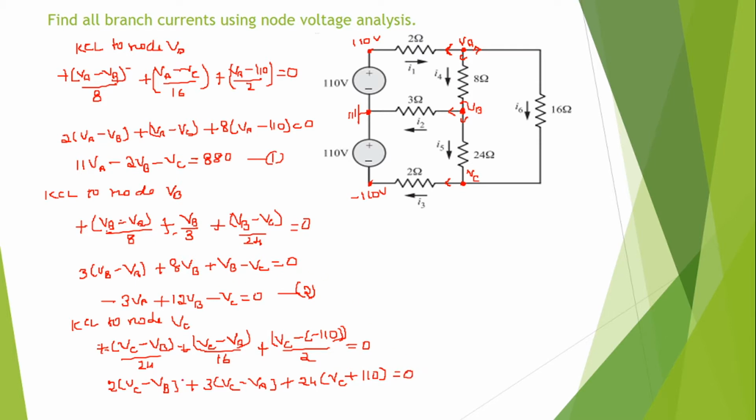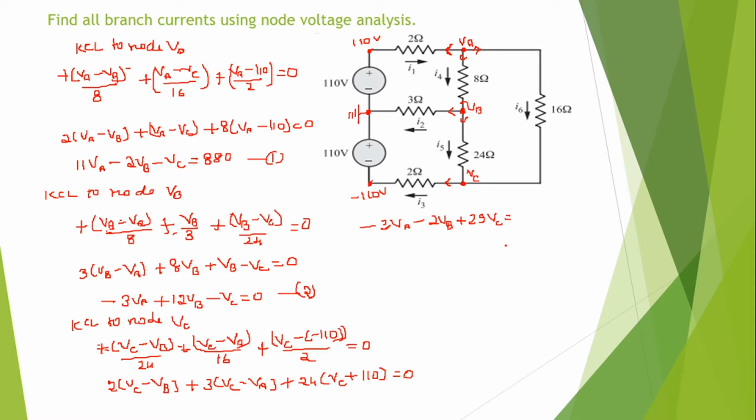So what will happen? Minus 3VA and minus 2VB plus 2VC plus 3VC plus 24VC, that is 29VC, equal to 24 into 110 when it goes to the other side.